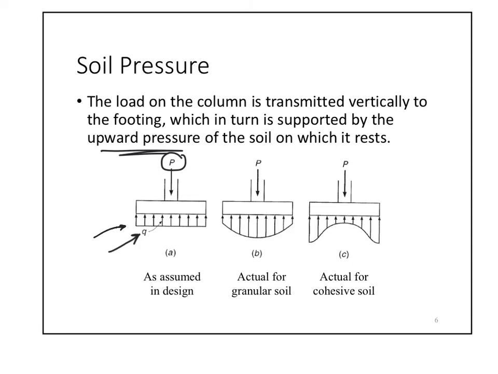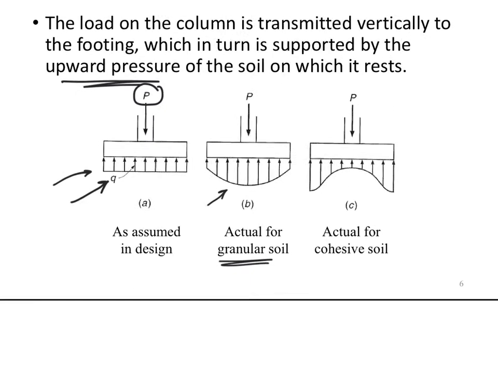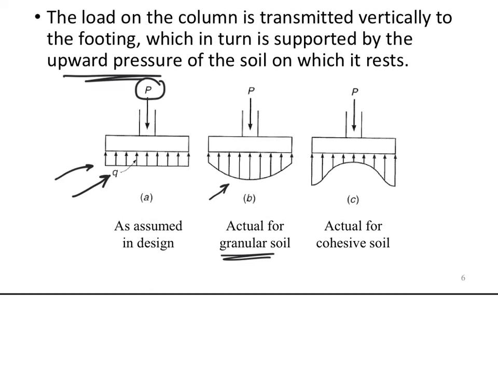They found that for actual stress distribution for granular soil, like gravel and sand, it will look like this. It will have higher stresses in the middle and then lower at the sides. And they found that for clay, maybe silt, cohesive soil that counts on cohesion, it will look more like this. In fact, I would say 90% of the soils that we deal with in our daily life is a combination of different types of soils.